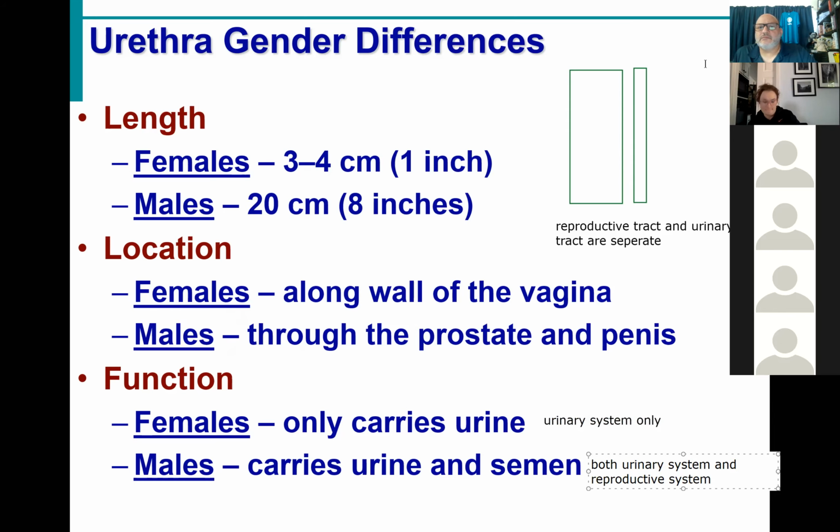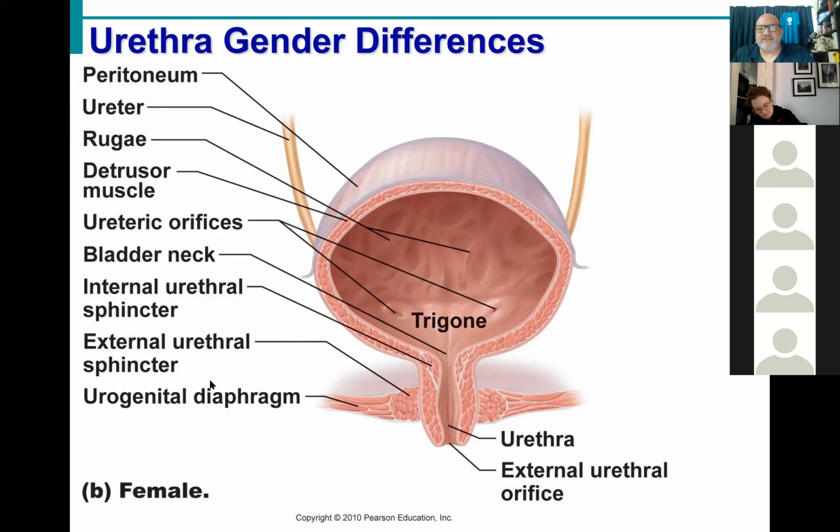Lastly, there are some big anatomical differences as well. Again, here we see the urethra and the end of our urinary tract in a female. As we've talked about, we've got that large detrusor muscle, which, let's not forget, has the internal urethral sphincter within it, that enlargement of the circular muscle located right here.